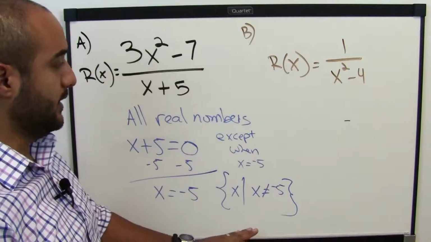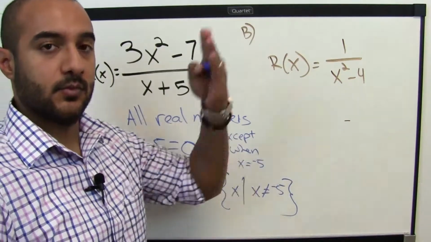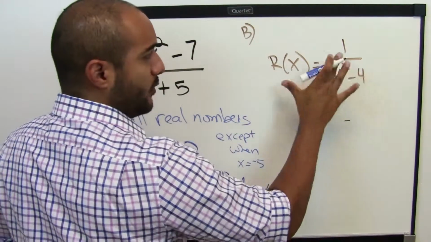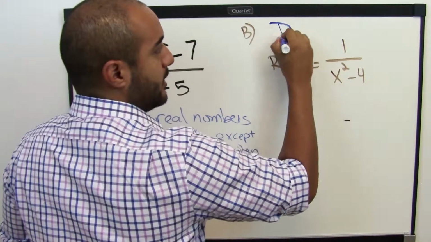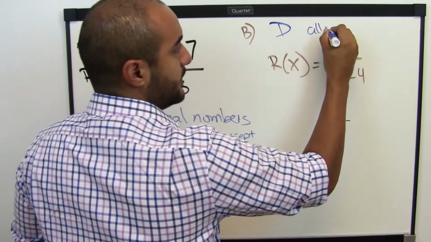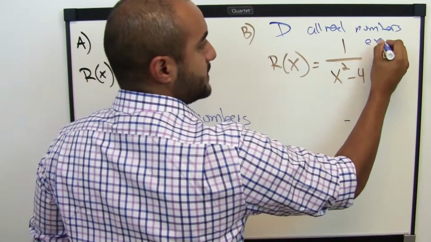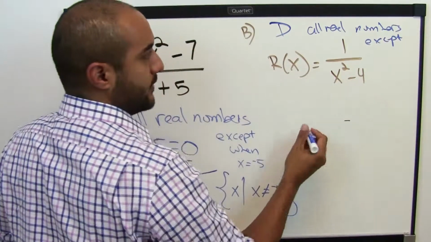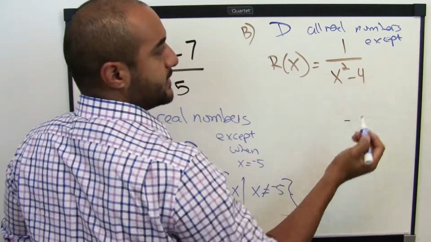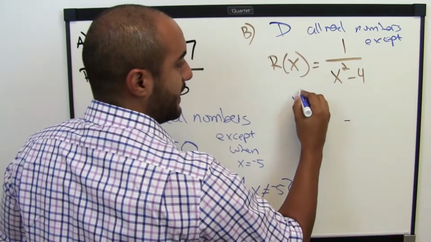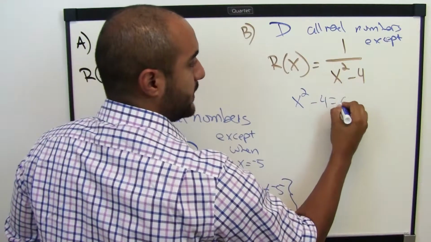Okay, so there's A. What about B though? Okay, let's step it up a notch. Notice that for my denominator here, well, first our domain, we know that our domain is all real numbers except somewhere, right? So let's see where that is. Using our denominator, we have x squared minus 4 equal to 0.